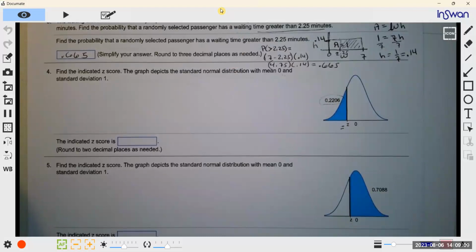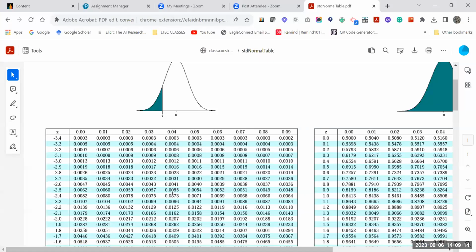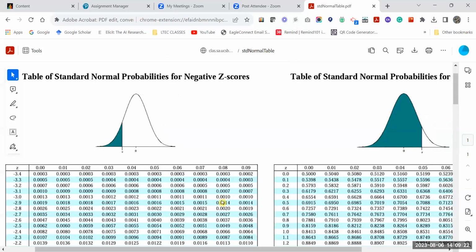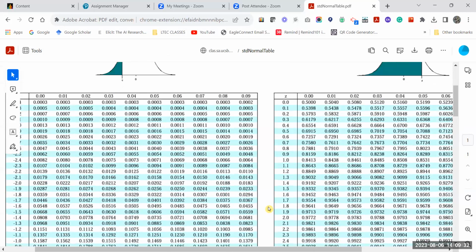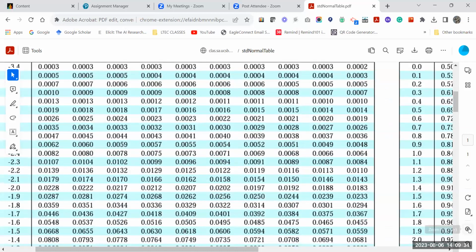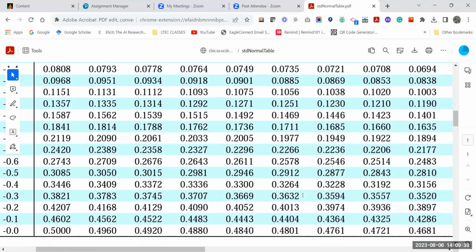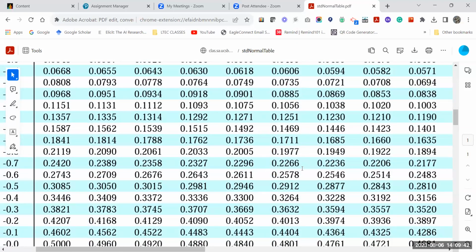So what we do here, since we're on the negative side, on the left side, we have to use the negative numbers. These are positive numbers. If you look at the graphs, these are for the areas to the left of the mean. Okay, so we're looking for 0.2206. We keep looking at all these numbers till we find 0.2206. It is right there.